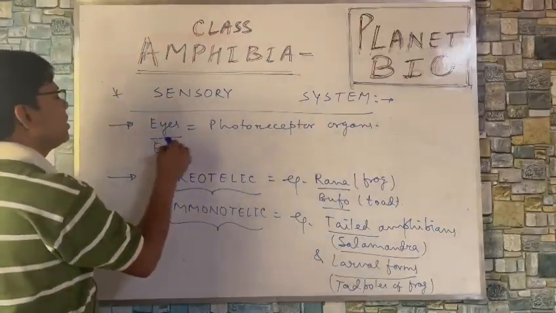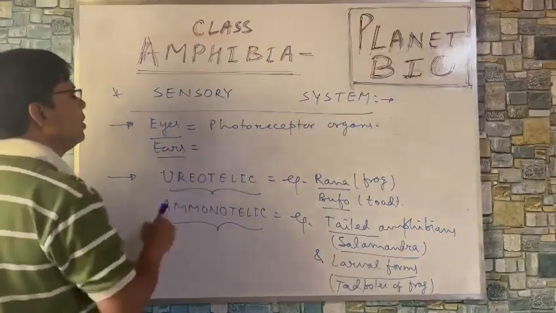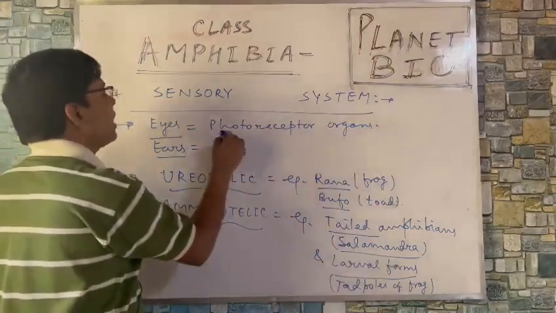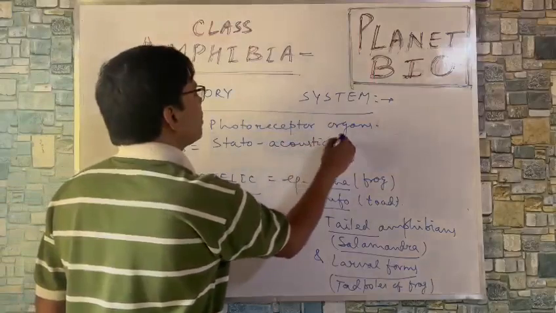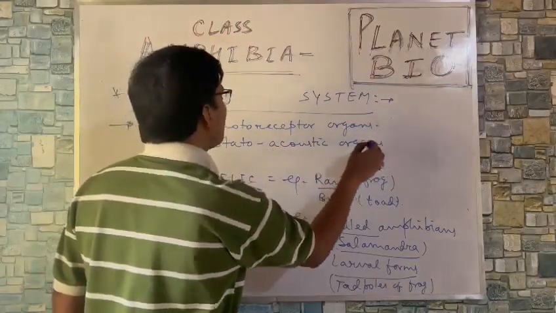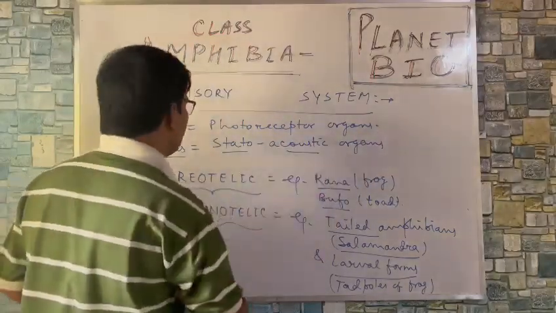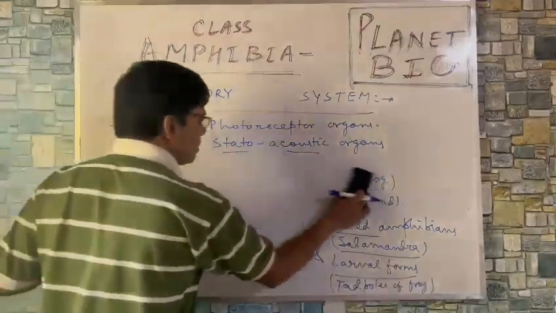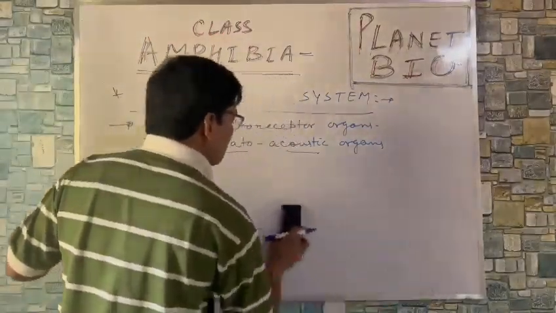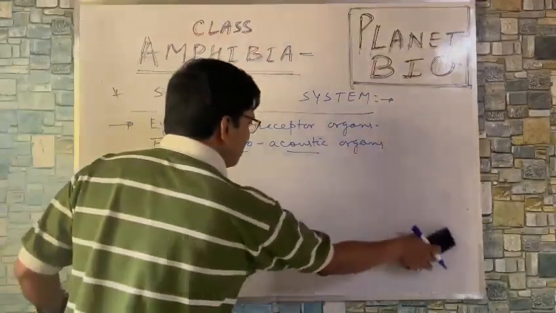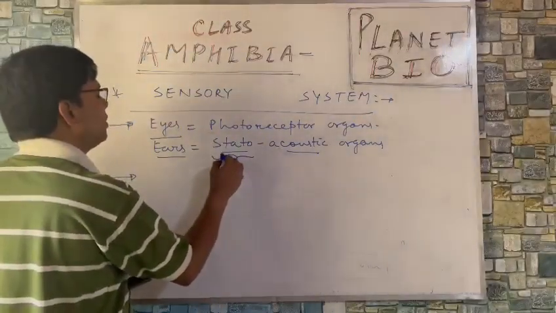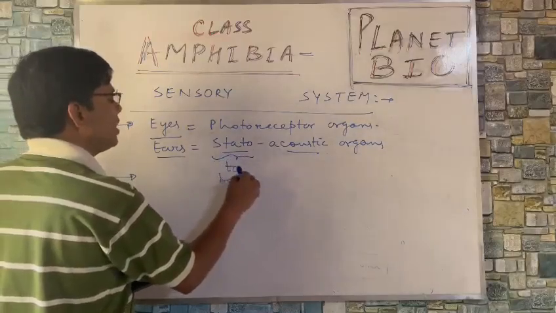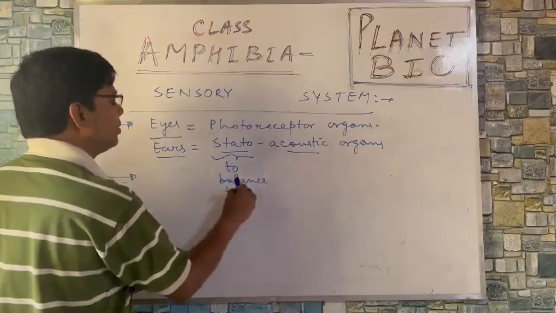Then the ear, a statoacoustic organ, not a phonoreceptor organ. Better to write statoacoustic organ. Stato means the ears are first meant for balancing the body, equilibrium.